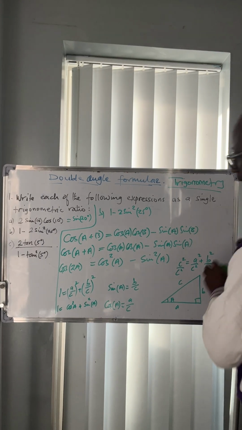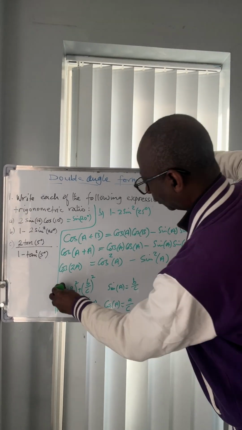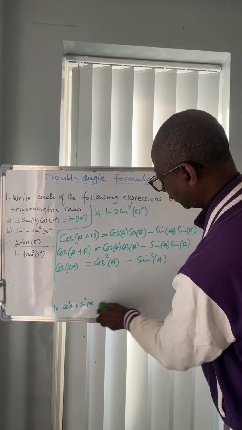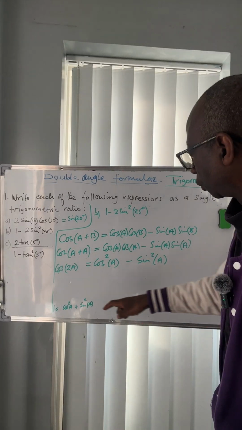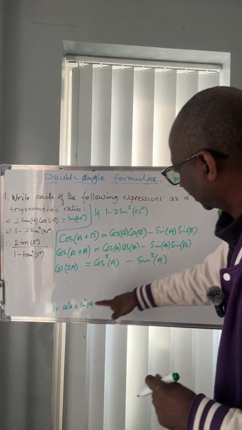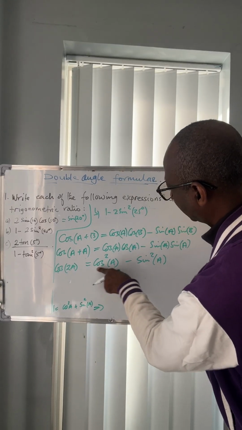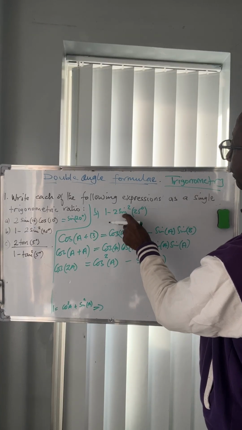So now we know 1 equals cos square A plus sine square A. We want to get rid of this cos squared because our problem is talking about sine square.